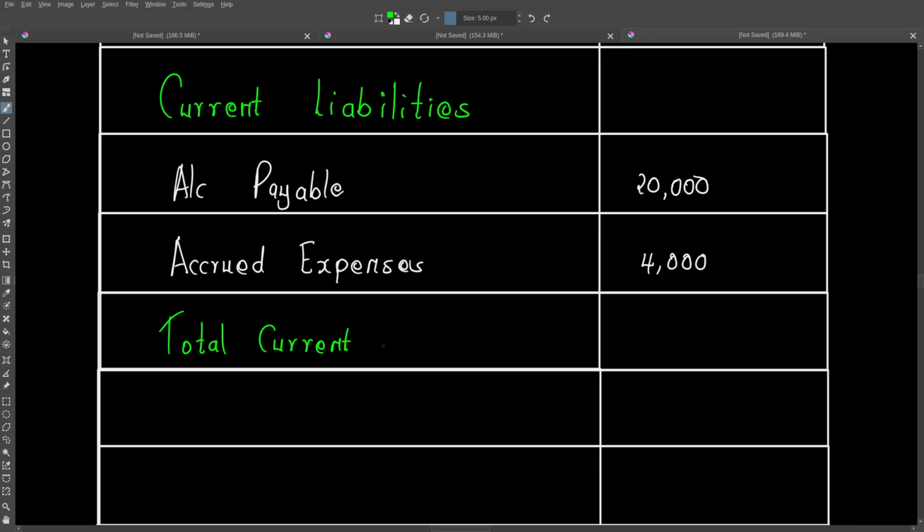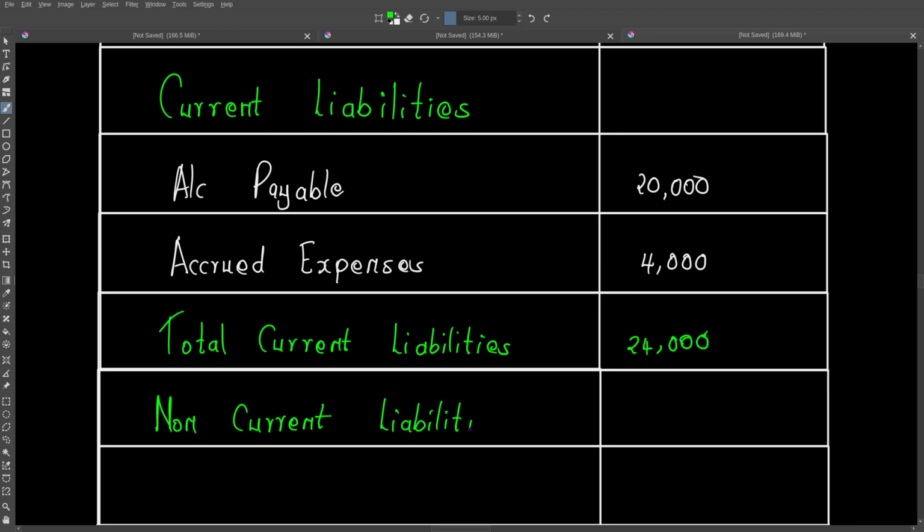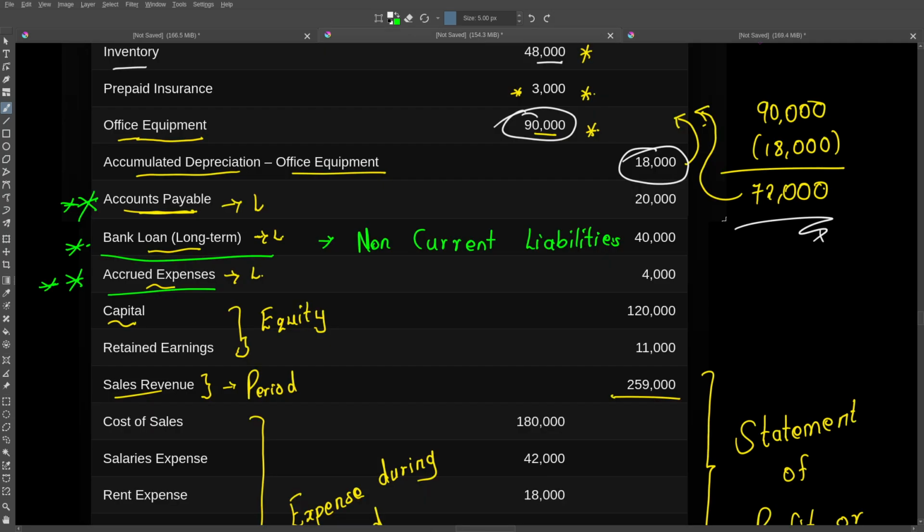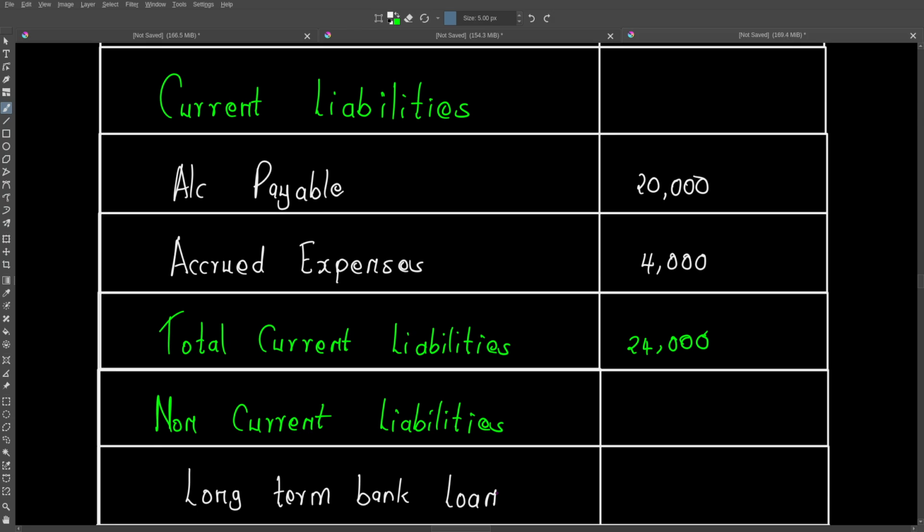We're going to have 24,000. Then let us look at the non-current liabilities. We've seen we have a long-term bank loan, an amount of 40,000.